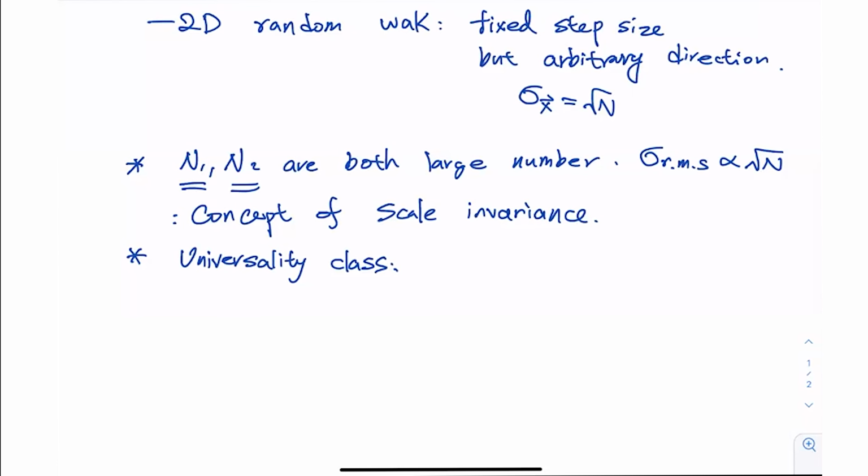It can actually connect two very different systems. For example, one of the famous universality class behaviors is the phase transition between liquid and gas phase. This phase transition can be understood in terms of the idea of universality class.